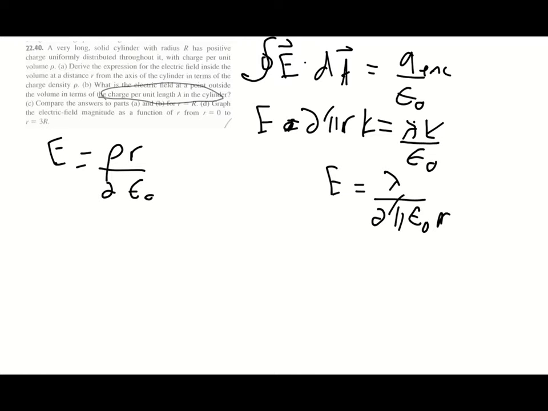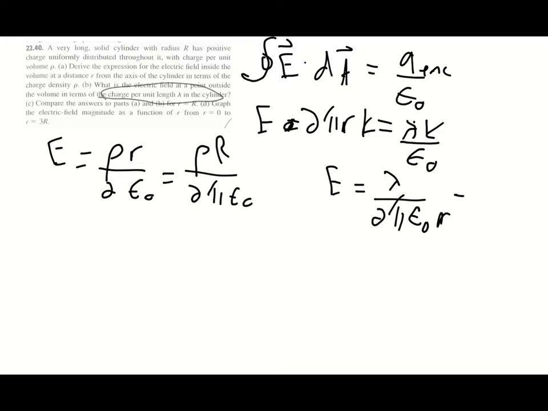Now it wants to compare them if r equals big R, the radius of the entire cylinder. So let's plug it in, and that means this becomes rho capital R over 2 pi epsilon naught.